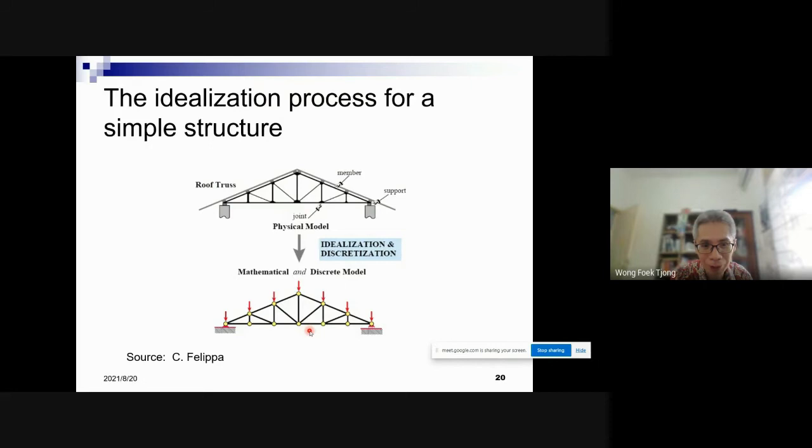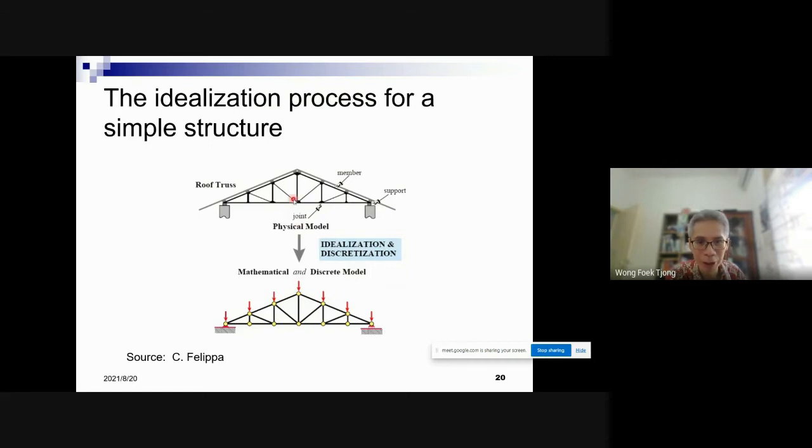What do you think? Finite or infinite degrees of freedom? Okay, that's finite, right? Because we have 2 degrees of freedom for each node, and we can count them, not infinite, right? So this is a discrete model already.